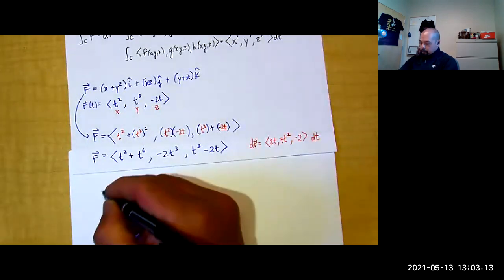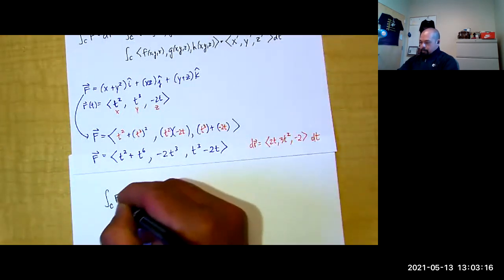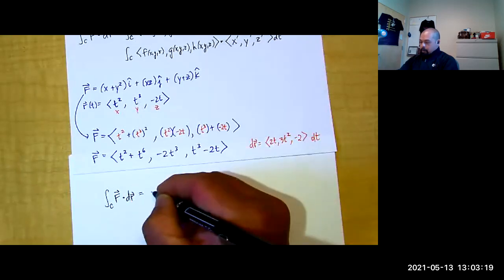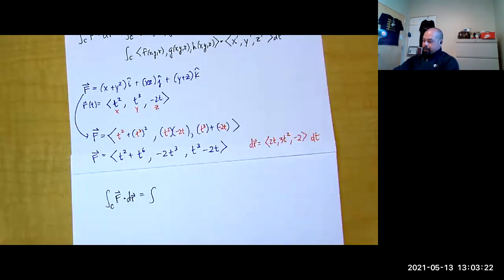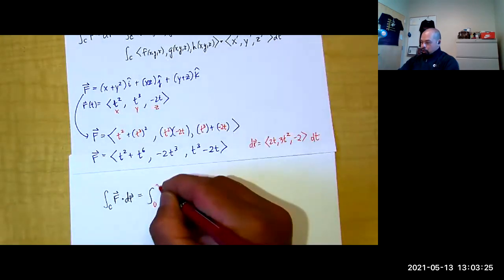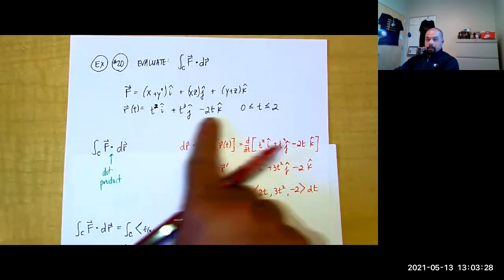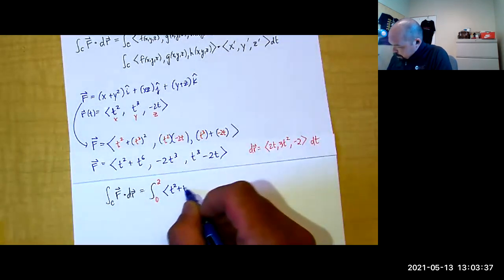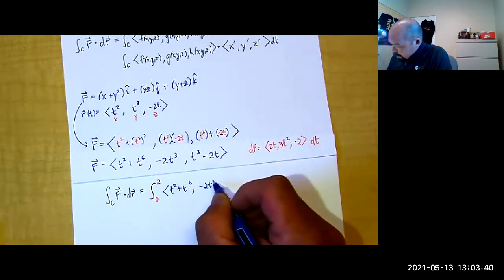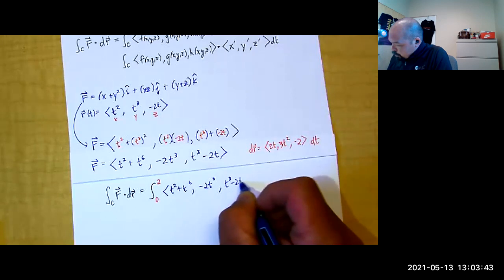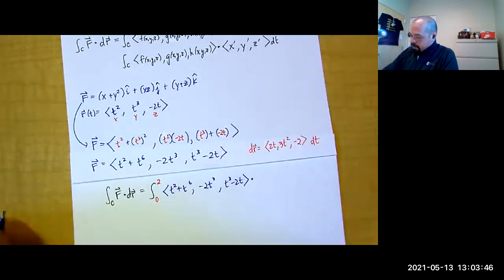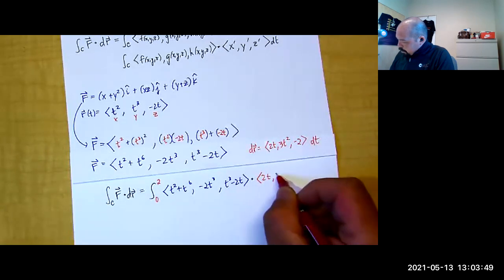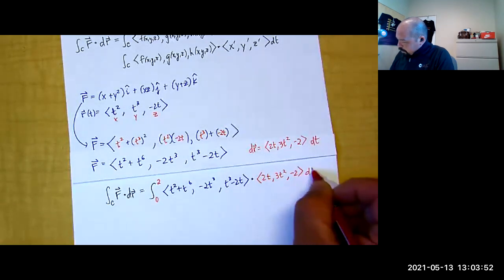So all that together, we're going to be integrating, remember, t ranged from 0 to 2, so those are the limits of integration: the integral of (t squared plus t to the sixth, negative 2t cubed, t cubed minus 2t) dotted with (2t, 3t squared, negative 2) dt.